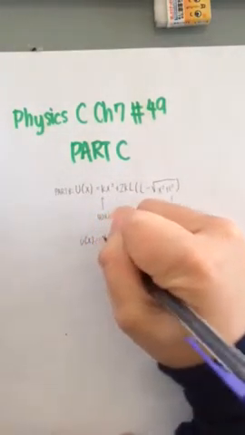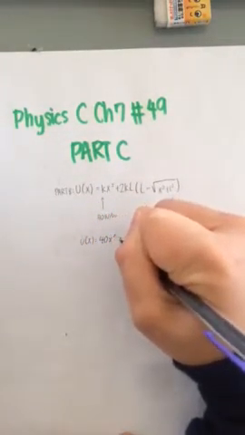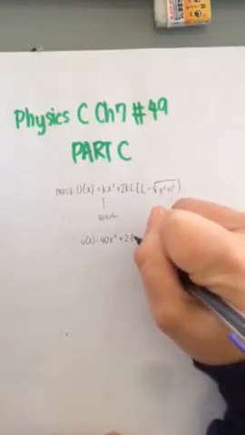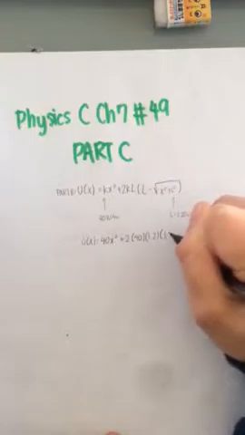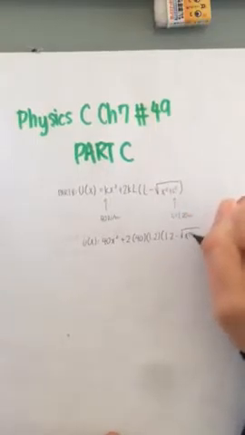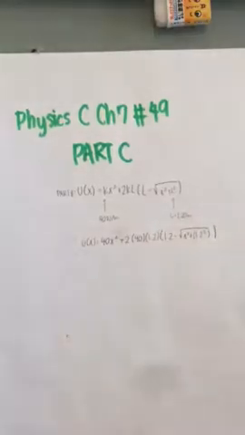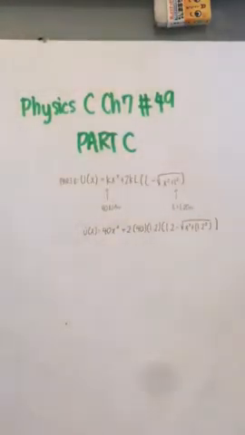So now we're just going to plug that in. So u of x equals 40x squared plus 2 times 40 times 1.2 times 1.2 minus x squared plus 1.2 squared, which we're just going to plug into our calculator.